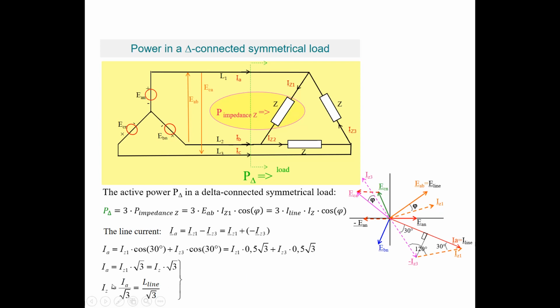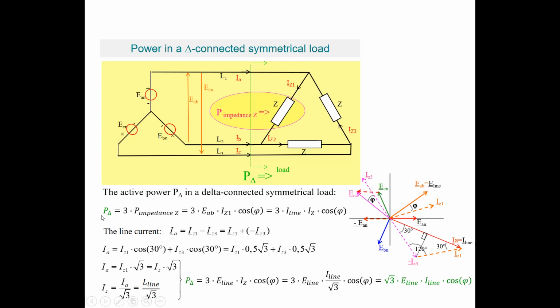So we can use this expression and that expression, and then we get that the complete power in a delta connected symmetrical load is equal to 3 times E line times I Z times cosine of phi, which is equal to 3 times E line times I line divided by the square root of 3, this expression, times the power factor cosine phi.